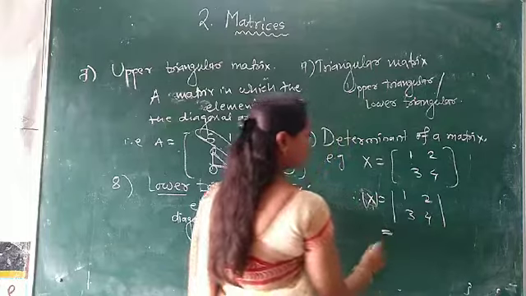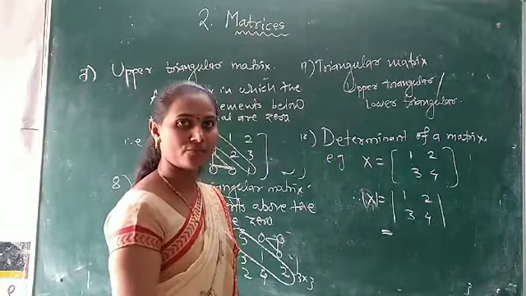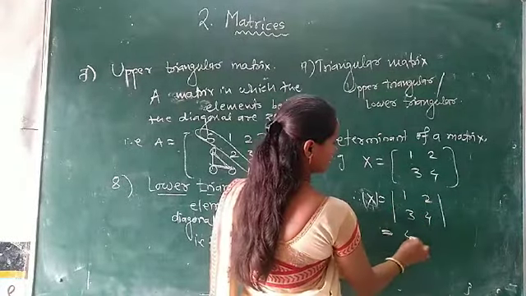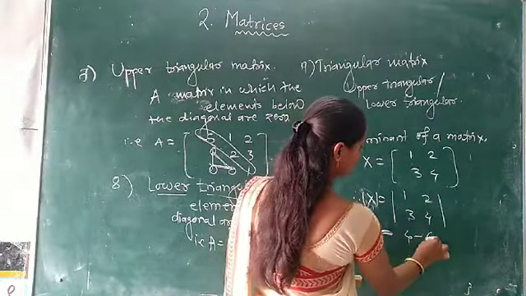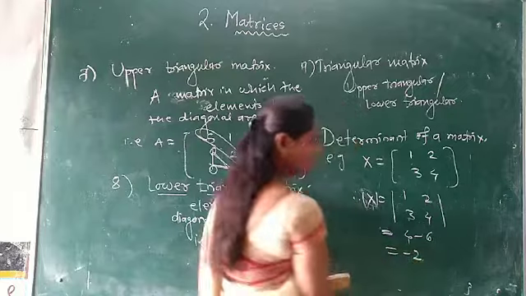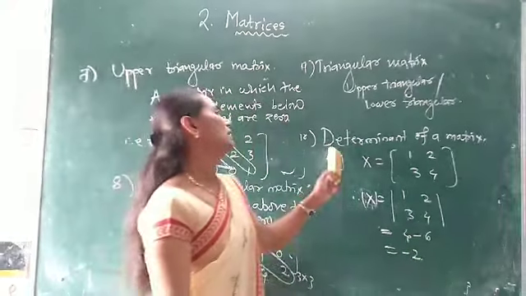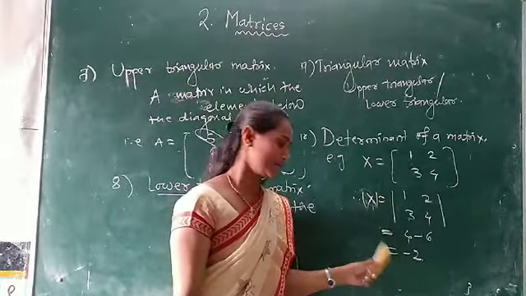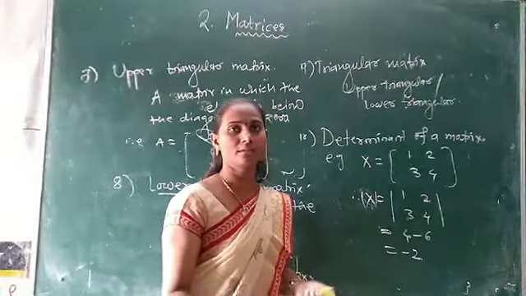All of you know how to find determinant of any matrix. So, 1 into 4, that is 4, minus 3 into 2 is 6. So, 4 minus 6 is equal to minus 2. So, in 11th standard, we saw how to find the value of determinant of order 2 or order 3.